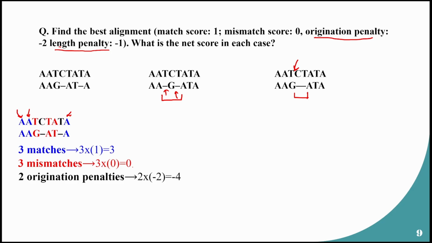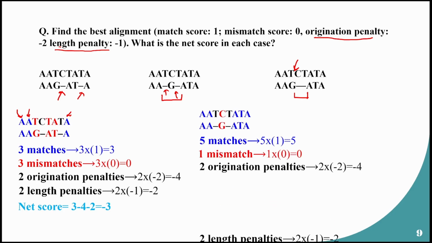And then you have 2 origination penalties. Why? Because a new gap was introduced at 2 different positions. You see in those 2 positions, new gaps were introduced. So you have 2 origination penalties along with 2 length penalties. So the origination penalty is -4, and for the length penalty, you have -2. So the net score would be -3.